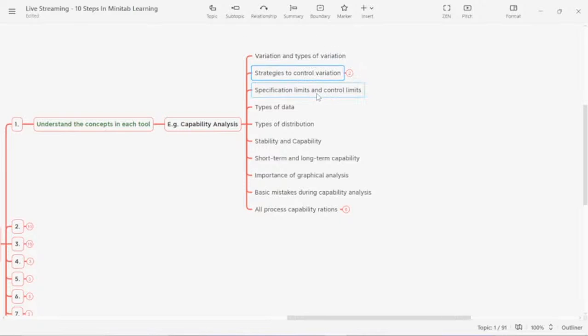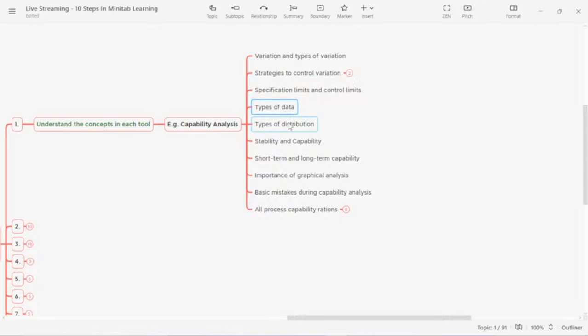We must know what the specification limits and control limits are, what the difference between them is, and whether there is any requirement that the specification limit must always be outside of the control limits. So what is the situation in which we need to take action? It's very important to understand these concepts before going into learning capability analysis.